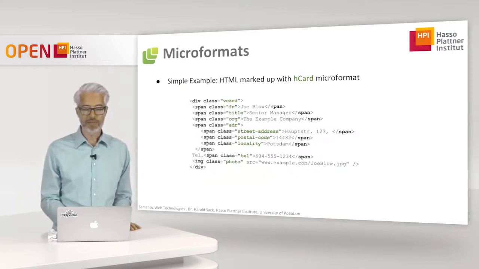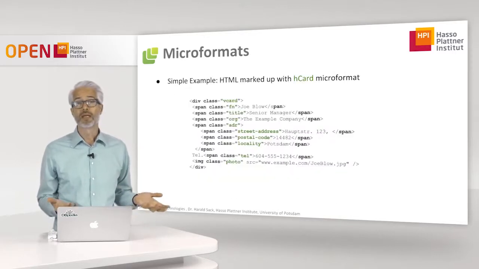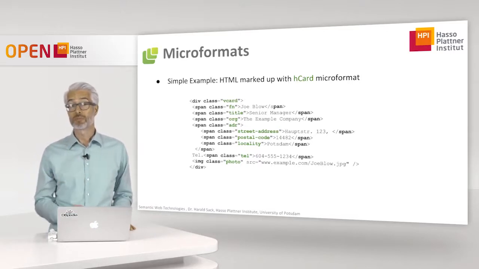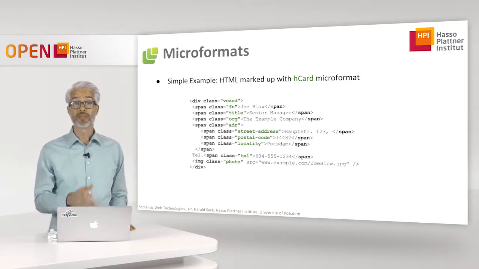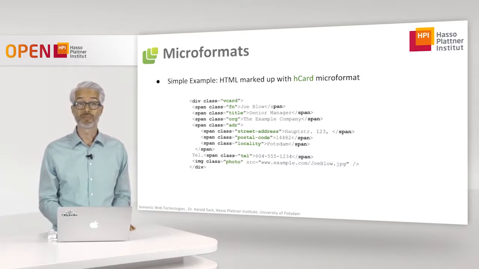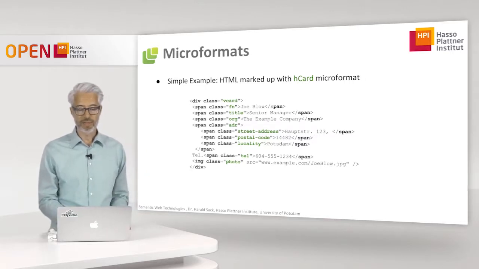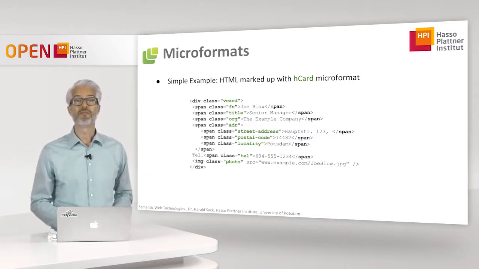Okay, let's have a look at how these microformats work. As we already said, the class attribute is most times used. So you see here in a bunch of div and span tags, the class attribute is assigned a variable name.